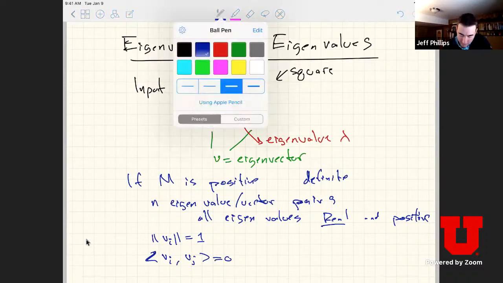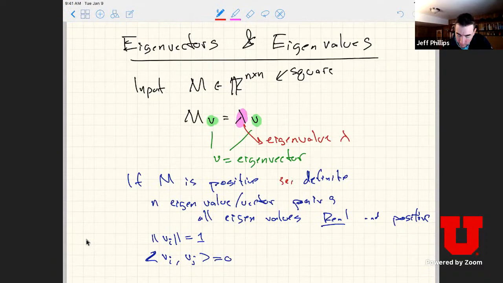So if I have a positive definite matrix, this is going to be true. If I have a positive semi-definite matrix, then this is going to be non-negative. They could be equal to 0, and I'm going to say at most n. There'll be some directions where it might not be full rank.